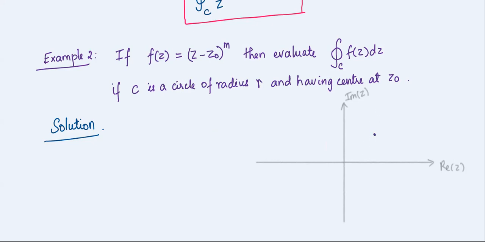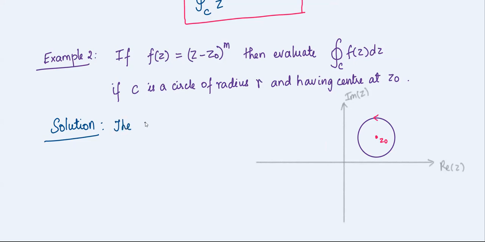I'll first draw the shape, and then put the center. Now I need to integrate over this path. So how will I write this path parametrically?